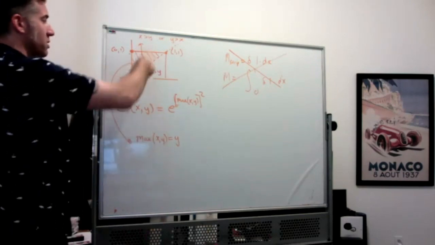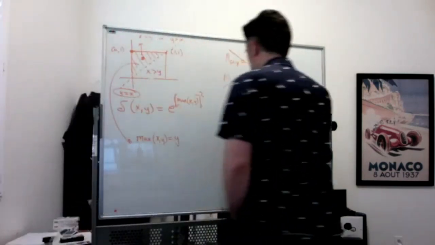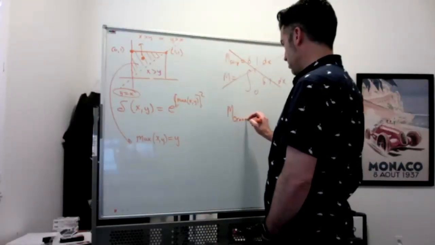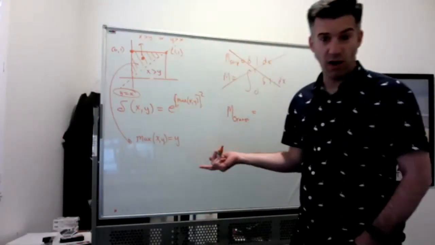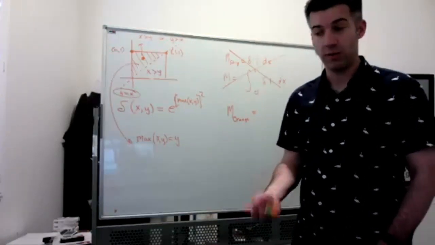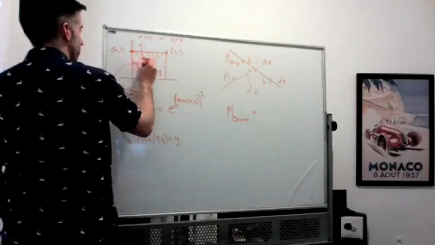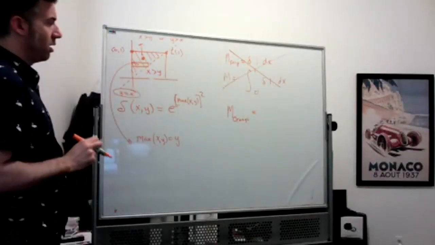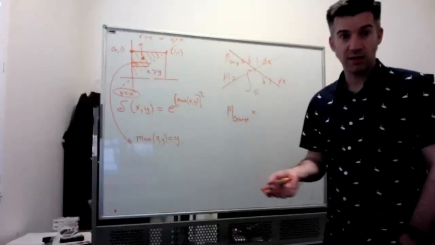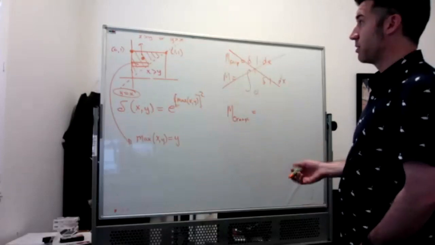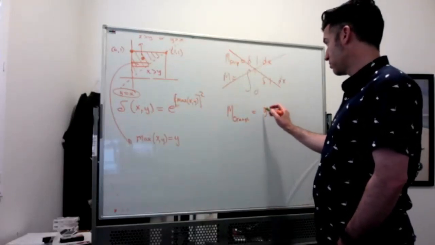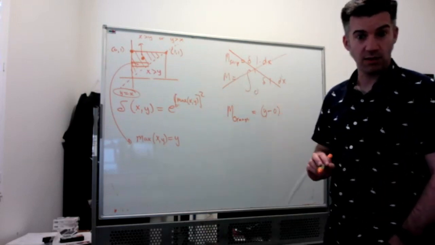So for this orange region up here, the mass of the orange region, well, we're going to have to do in terms of y, because our density is in terms of y, which means we're going to need a horizontal strip. All right, so the area of that strip is the length of it, the right minus the left, so that's x equal to y minus x equal to 0. That's your length, y minus 0.